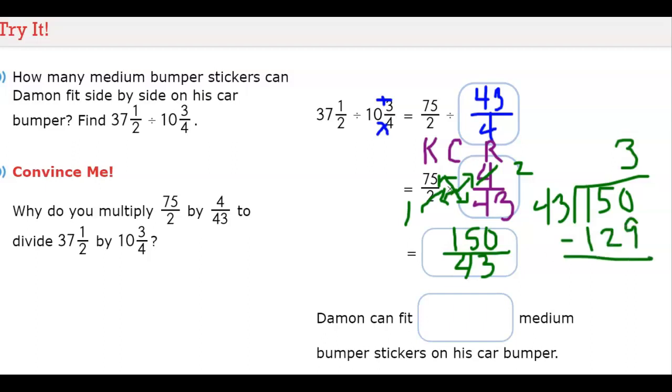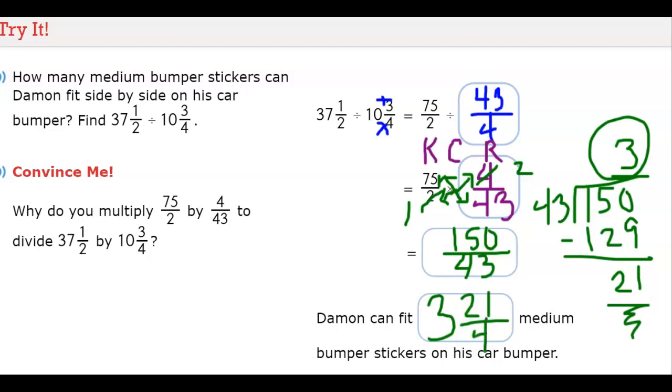And then 150 minus 129 is 21. And I'm going to stop here because I just want a simpler fraction. So my 3 becomes my whole number. My 21 becomes my new numerator, and 43 stays my denominator.